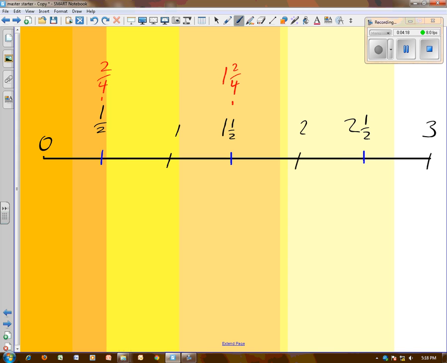Okay, exactly the same value. 2.5 is the same as 2 2/4, exactly the same value. Do you think you can work out where the rest of the quarters are going to go? For example, where 1/4 is going to go? Where is 3/4 going to go? Where is 1 3/4 going to go? See if you can work it out. That means you'll have to pause me and see if you can work it out.